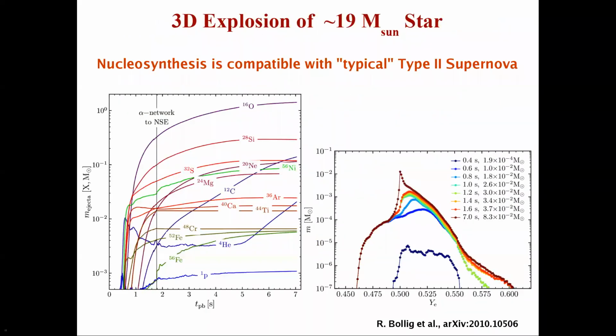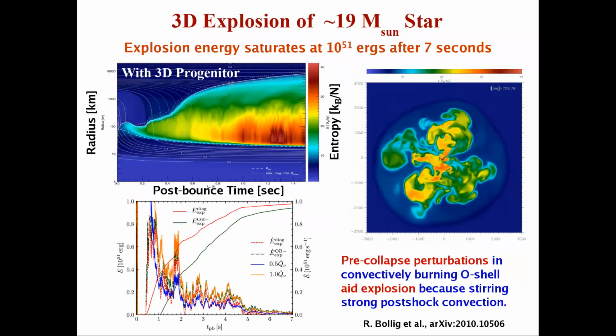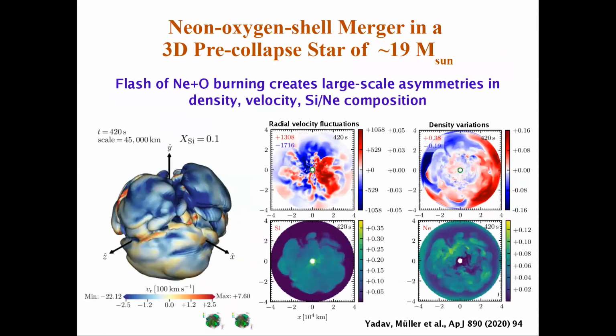Okay. I now refer to the main person who put out this suggestion. The idea is that stars, as I show you here in their cores, in the convective oxygen layer, for example, have extremely violent convection due to these bubbles I showed you.